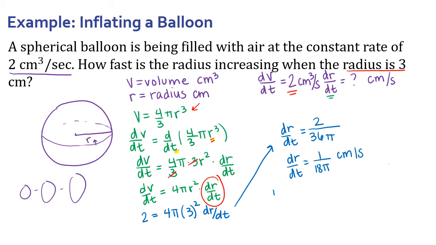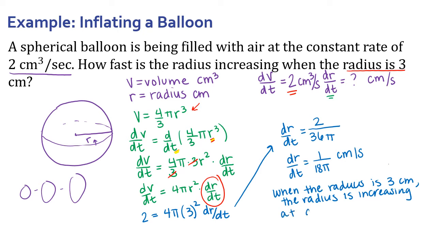So when the radius is 3 centimeters, the radius is increasing at a rate of 1 over 18 pi centimeters per second.